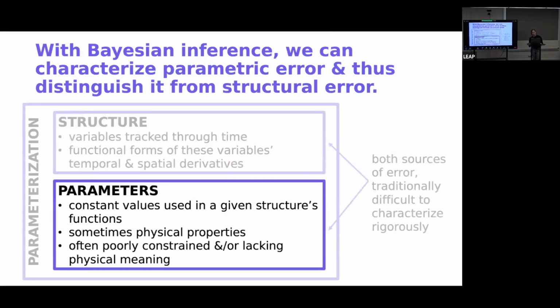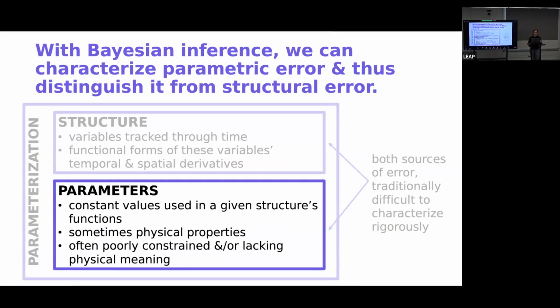Okay, so to wrap up the implications of what we can do with this work, I've shown that this framework can give us an automated procedure to tune our model, based on quantitative metrics. From this framework, we can characterize parametric error from these posterior parameter distributions.